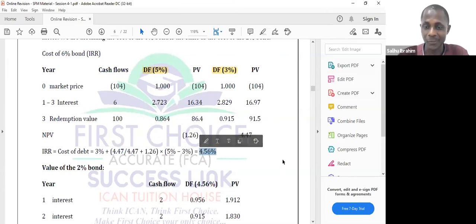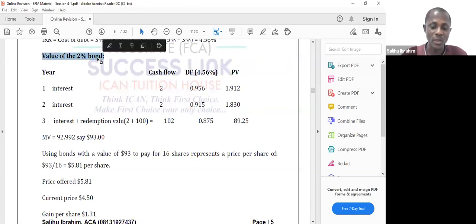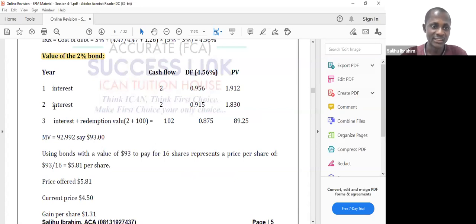Since I have my cost of bond now, I can compute the market value of the bond I want to issue to Dentroco. And how will I now do that? I will discount all the interest using the cost of bond, like I explained earlier. Value of the 2% bond is the 2% bond I want to issue to acquire Dentroco. So year 1, I will collect interest. Year 2, I collect interest.